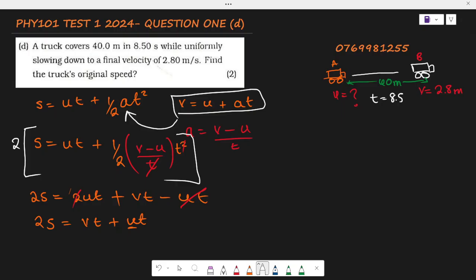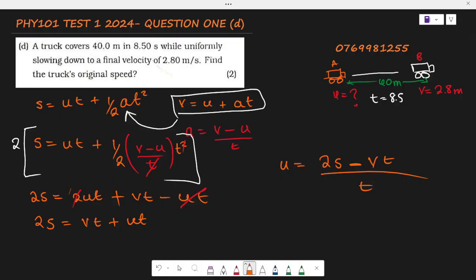And if we manipulate this formula, we find that what we're going to get will be u is equal to 2s minus vt over t, like that.